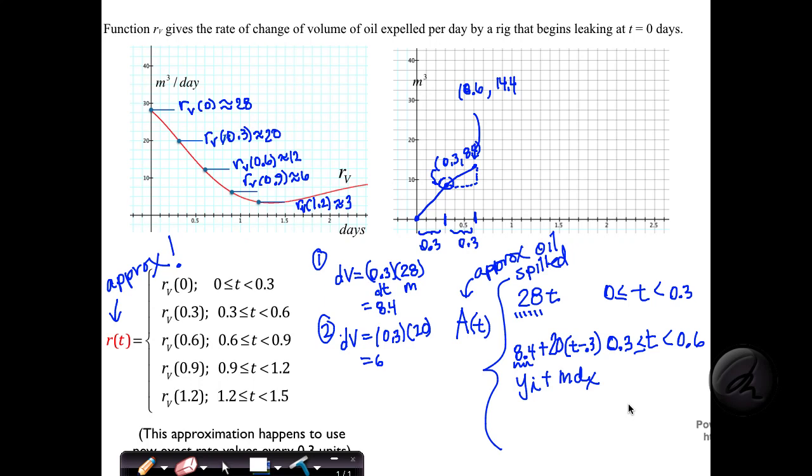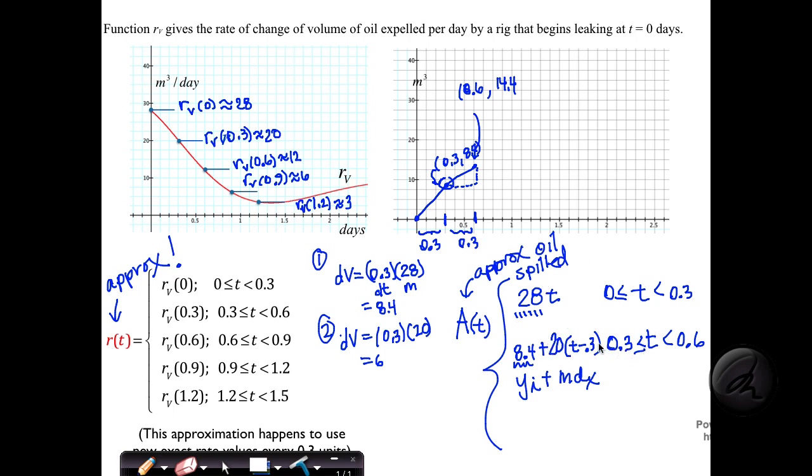But to describe this line segment that I've got here, I'm putting in more numbers here instead of symbols, just so we can see how we're computing this. We started at that height 8.4 that we ended with the first interval at. By the way, if I sub in t equals 0.3 to this, I get 8.4. That's what we did. But at that point, we started using a new rate to go forward, so that's why I have the or equal to.